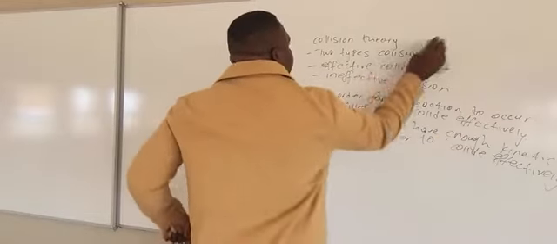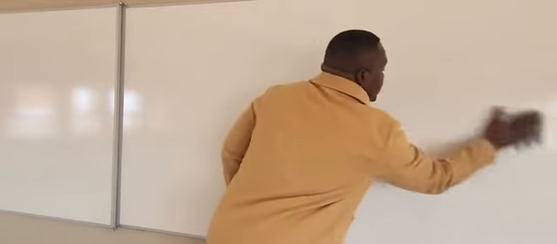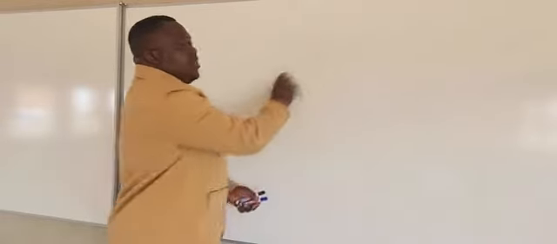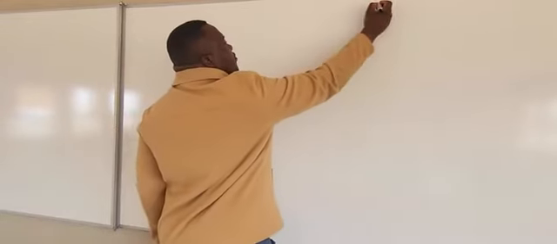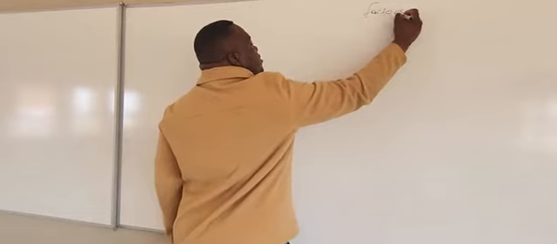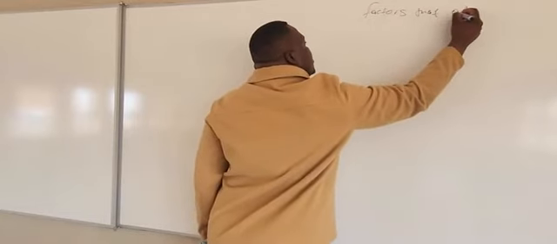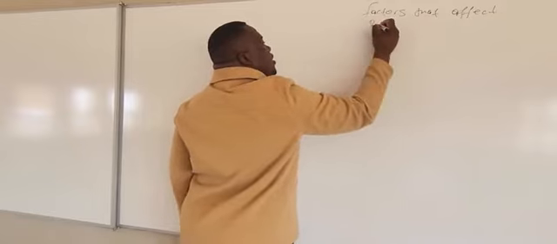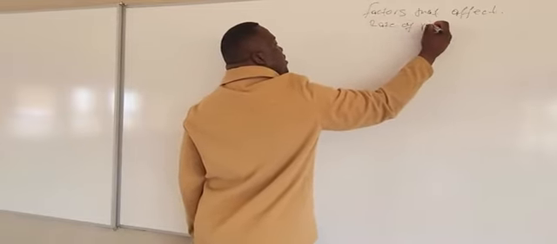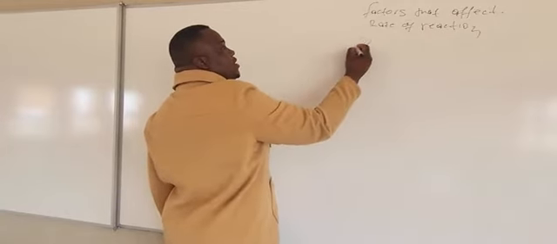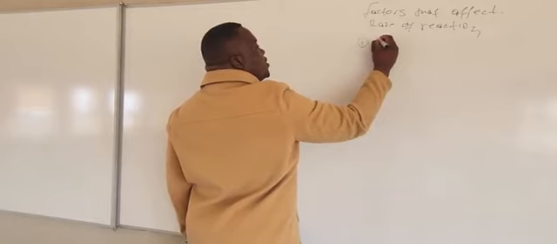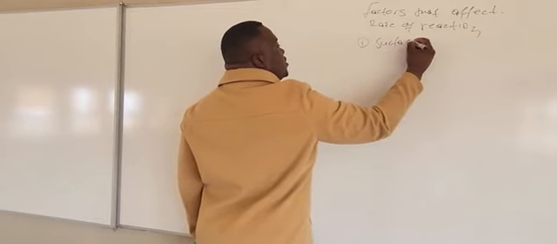Okay, as I'm done explaining collision theory, let me explain the factors that affect the rate of reaction using collision theory. The first factor is the surface area.